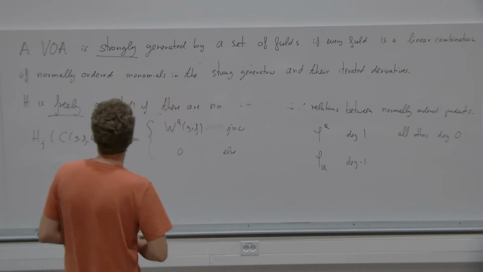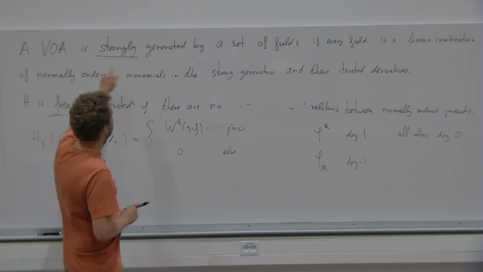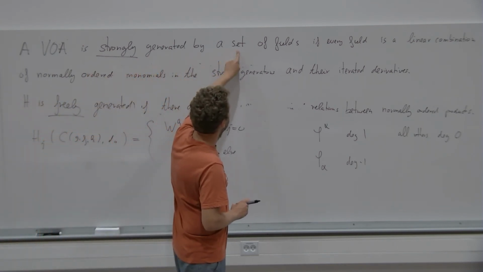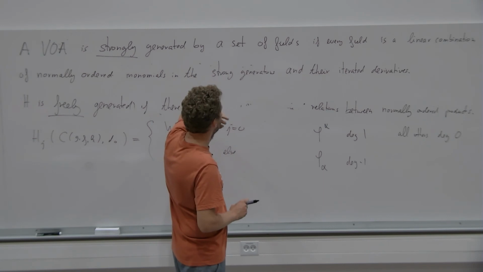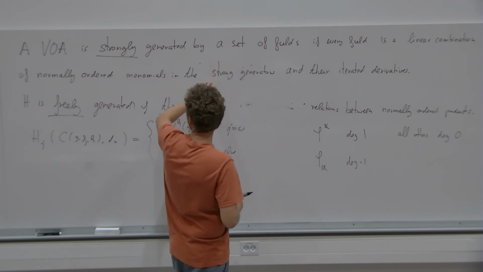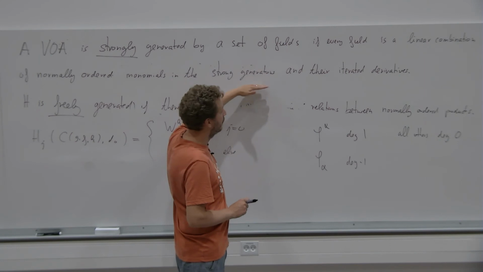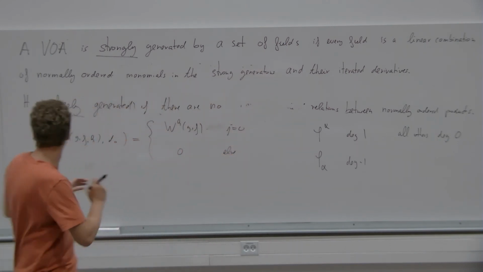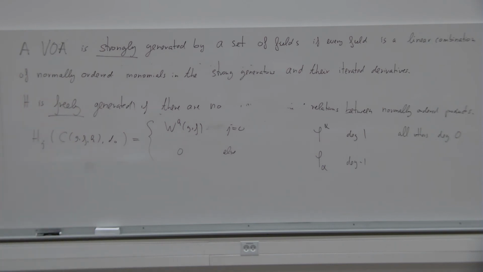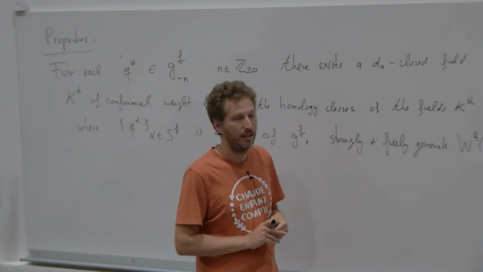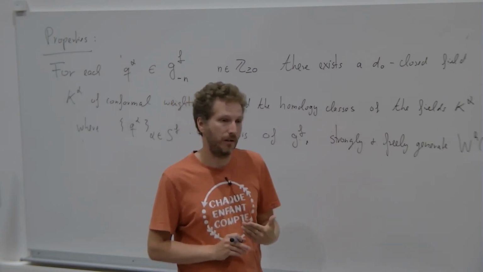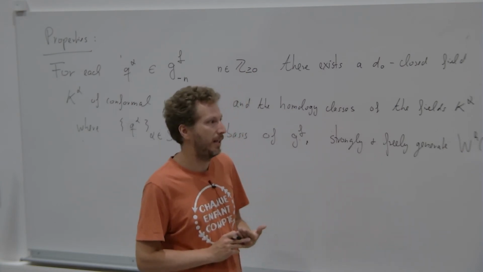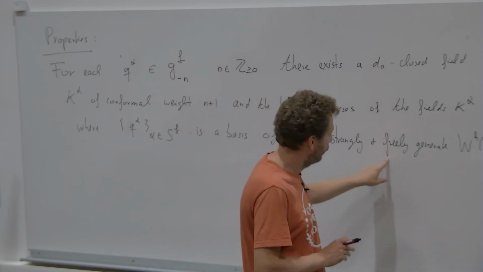So the non-trivial statement is strongly generated by a set of fields. The non-trivial statement about this one here is that this set here is very small, right? So it is a minimal strong generating set, and that is in particular reflected in this "freely", right?